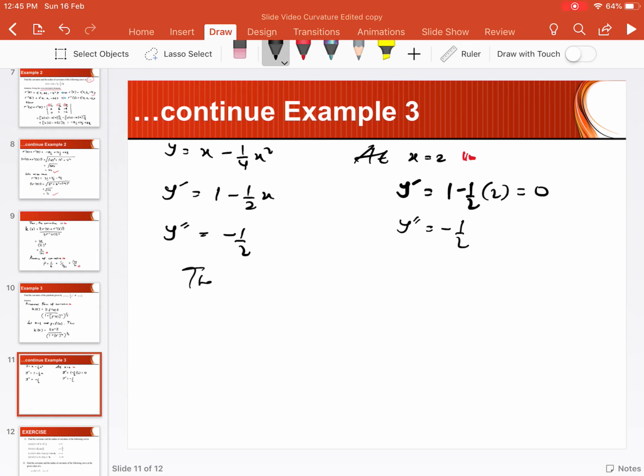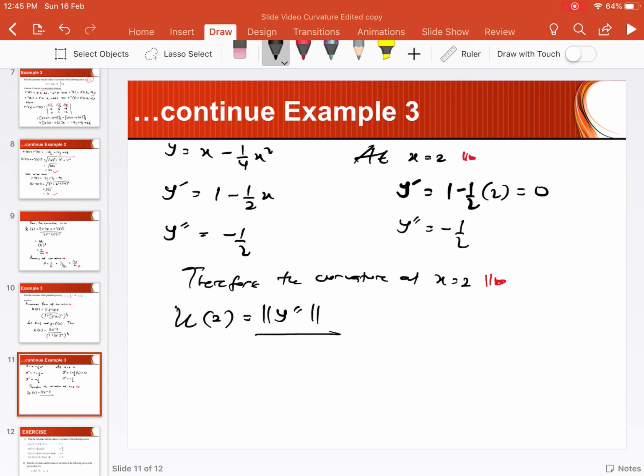So therefore, the curvature at x equals 2 is, I rewrite the formula again, equal to y double prime divided by 1 plus y prime squared to the power of 3/2.